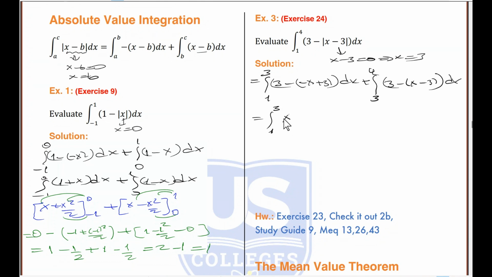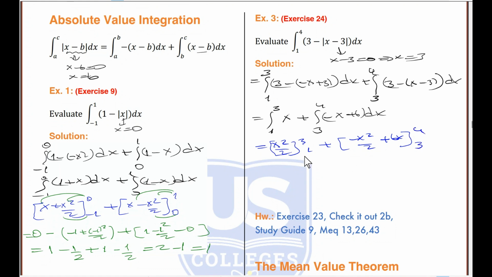So I just have x from 1 to 3, plus 3 minus x minus 3, which is minus x plus 6 dx from 3 to 4. Now let's take integral of each one by one. Integral of x is x squared over 2, evaluate this antiderivative at 3 and 1, plus integral of negative x squared over 2 plus 6x, evaluate this at 4 and 3.